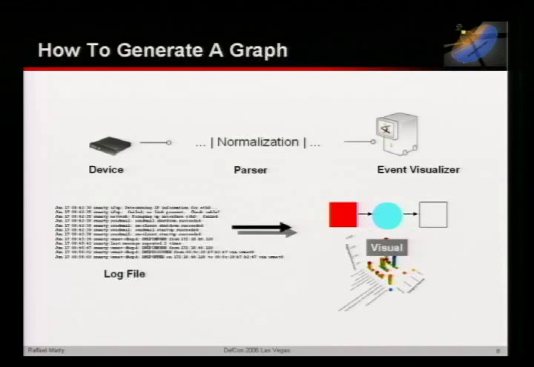What you have to do is take that log file on the left side and parse it. You need to figure out where are my source addresses in there, where are the destination addresses, where are the ports. So you need to parse it out and figure out all those things. And then you throw it into an event visualizer, whatever that is. You can use Afterglow, which I will show in a second, and you generate a graph.